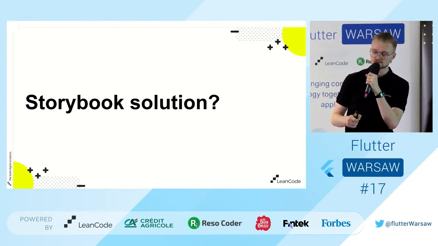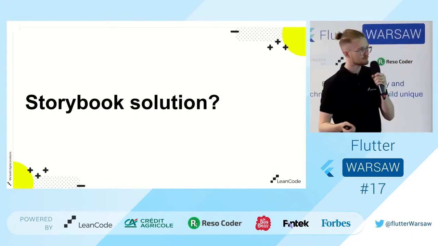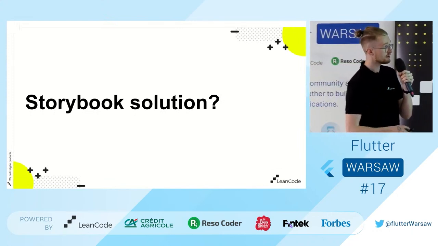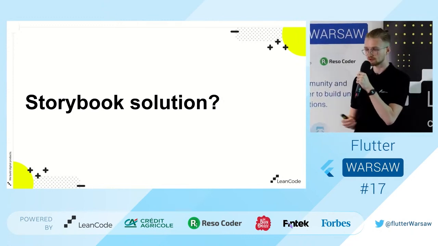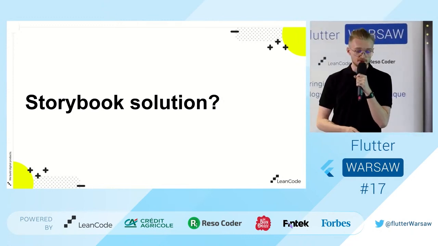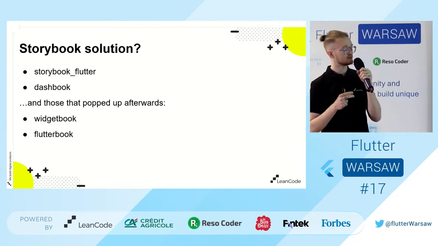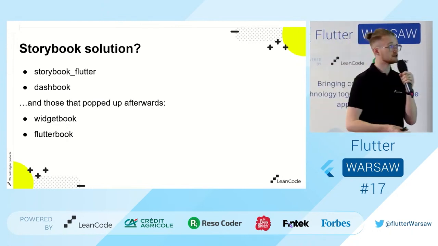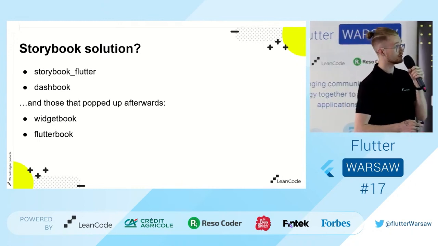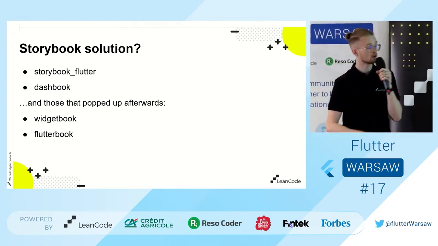The very first problem was choosing the Storybook solution, and it was actually before I wrote any code. At this point in time, there were only two solutions available on the market: Storybook Flutter and Dashbook.